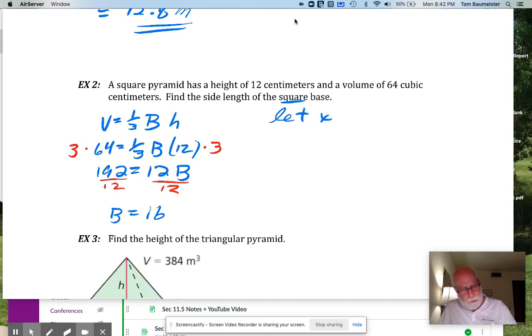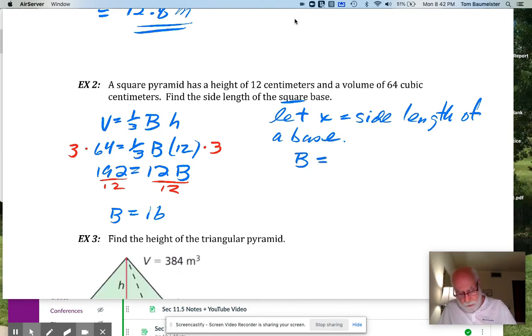Now, if we know that B is 16, remember they're telling us it's a square, so I'm going to let X equal the side length of the base. Then our capital B is going to be X times X, or X squared.